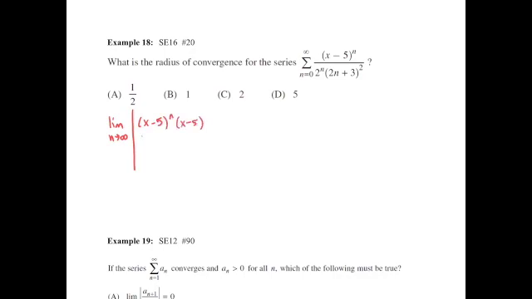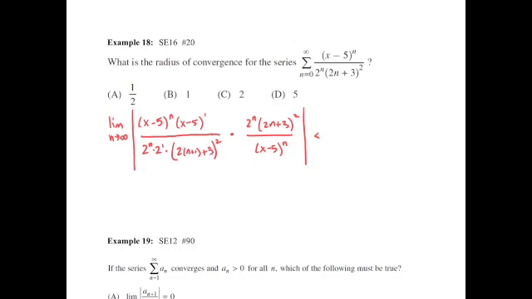Again, I'm adding n plus 1 in for all my n's. 2^n times 2 to the first times, this is kind of ugly, so it's 2 times the quantity n plus 1 plus 3, squared. So all of that is going to be a sub n plus 1. I multiply by the reciprocal of the original, which looks like this.